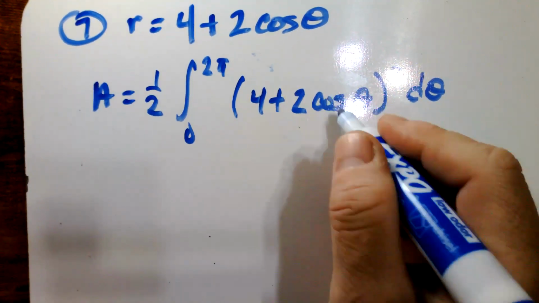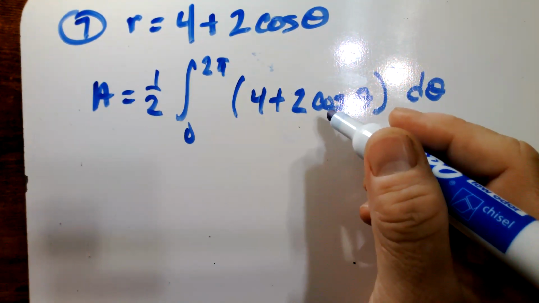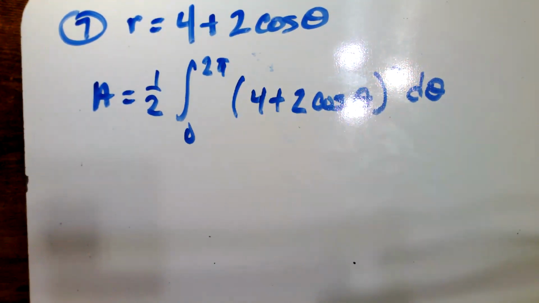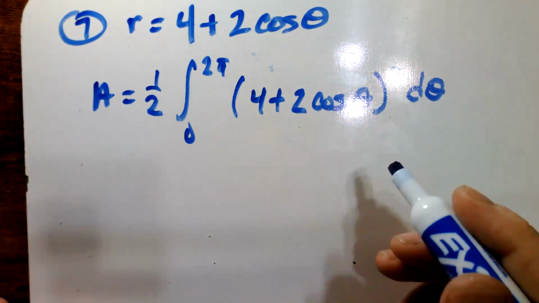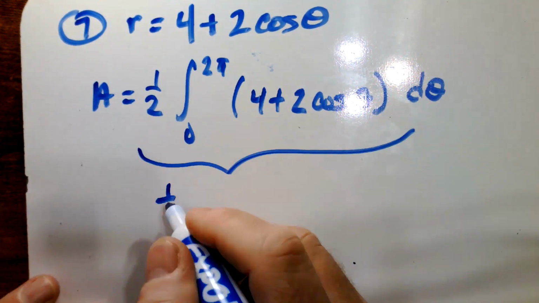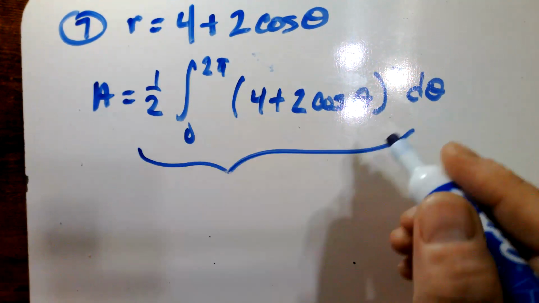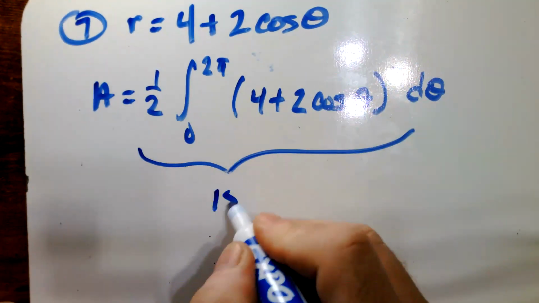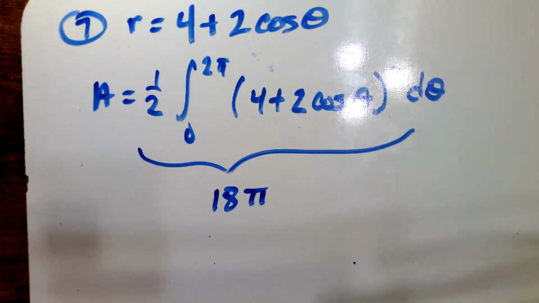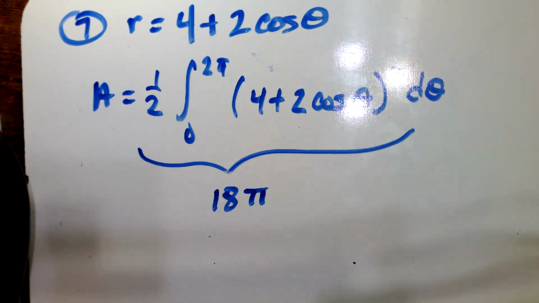Foiling it out, you'd have 3 terms, and on the last term, you'd have the cosine squared term, so you'd have to do the cosine reduction, so you'll get 2 more terms coming out of that. I went ahead and threw this into GeoGebra, and this exact form as it was put in gave me 18 pi. Let's go ahead and verify that and show you how to input that in case that's not clear. But that is the result from example 7 for finding the area of that shape.